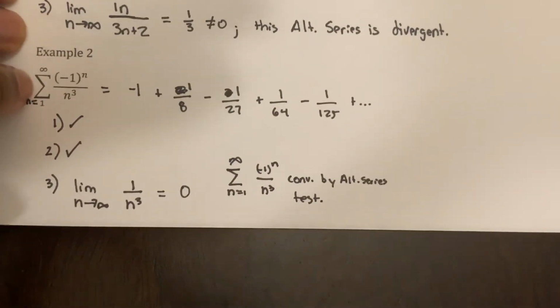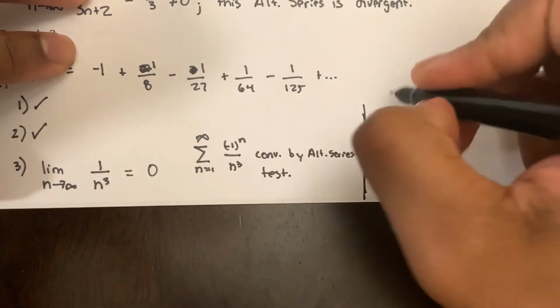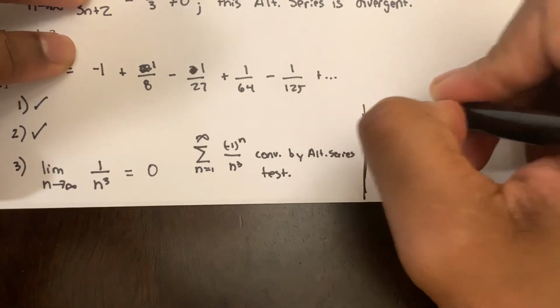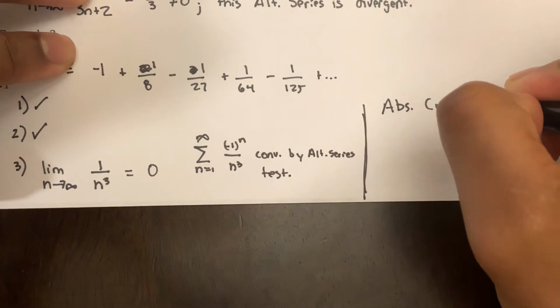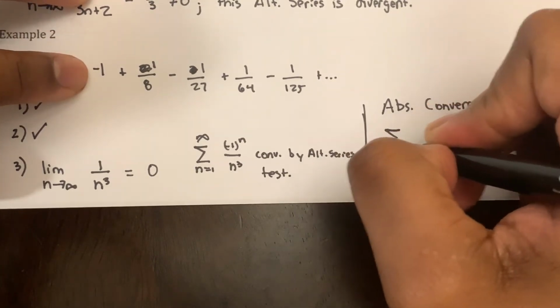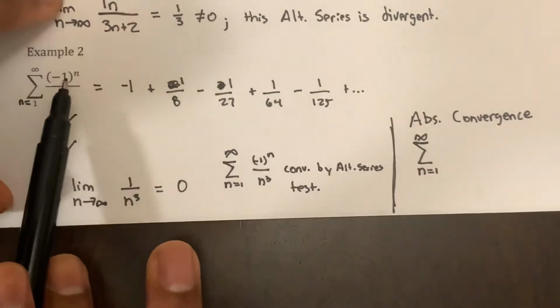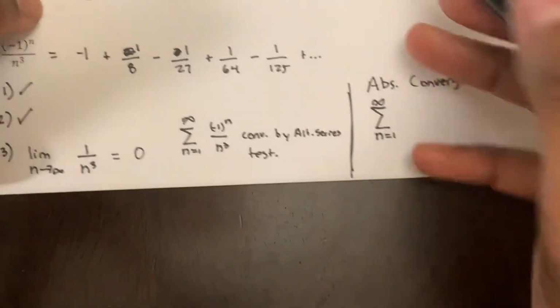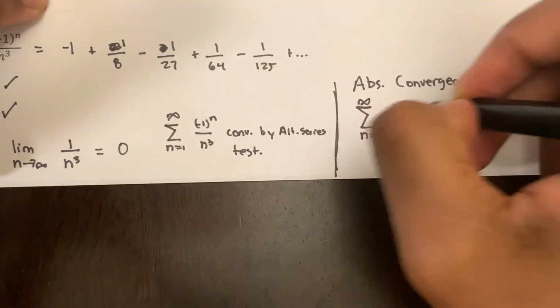Now, a follow-up: is this series absolutely convergent or conditionally convergent? And so the test for absolute convergence. We need to look at the series from n equals 1 to infinity of this series without the -1, which is just going to give us 1 over n cubed.